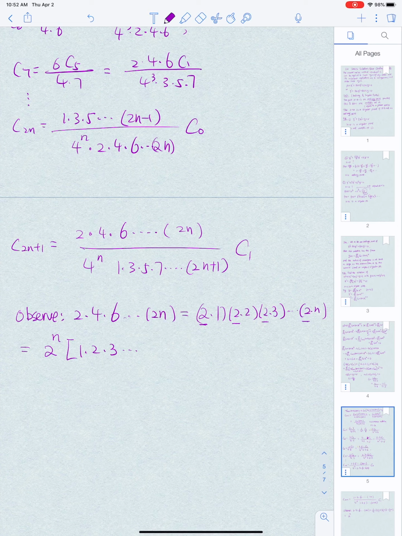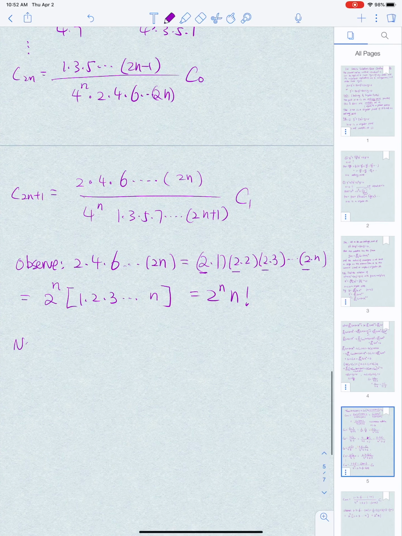And then what's left is exactly n factorial. So we can represent 2 times 4 times 6 times up to 2n by 2 to the power n times n factorial. And then in terms of the notation for 1 times 3 times 5 times up to 2n plus 1, we denote it by 2n plus 1 double factorial.